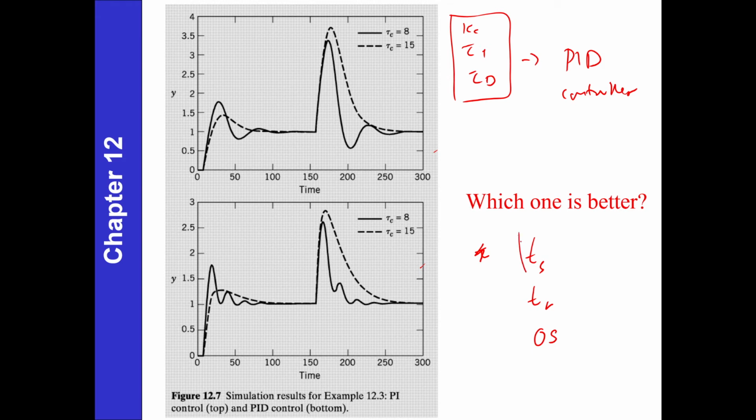The simplest way here is to calculate the rise time and settling time. The rise time is about the same, only slightly different, so we find the difference. The difference between these two responses is the settling time.